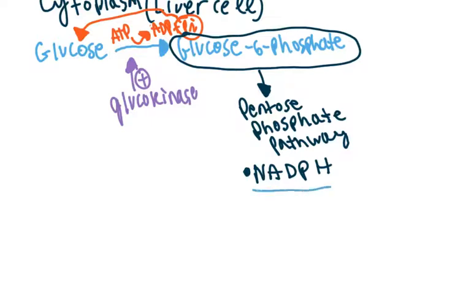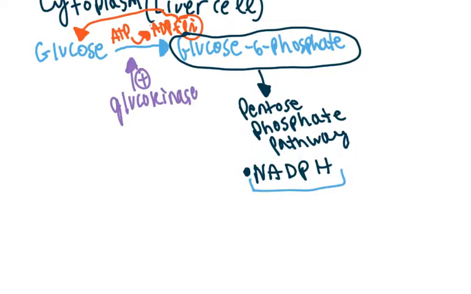Especially in the oxidative phase, we make NADPH, and this is really good for the liver because our liver contains high amounts of glutathione, a very important antioxidant that the liver uses to detox certain dangerous compounds. Glutathione needs NADPH to get back to its reduced form.